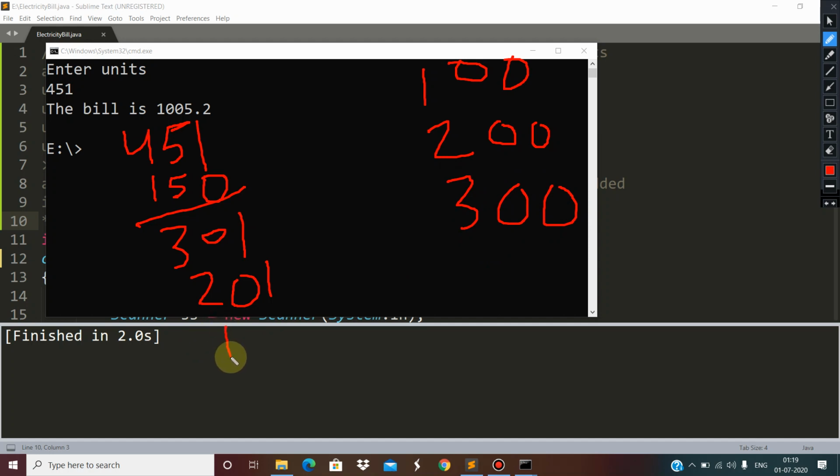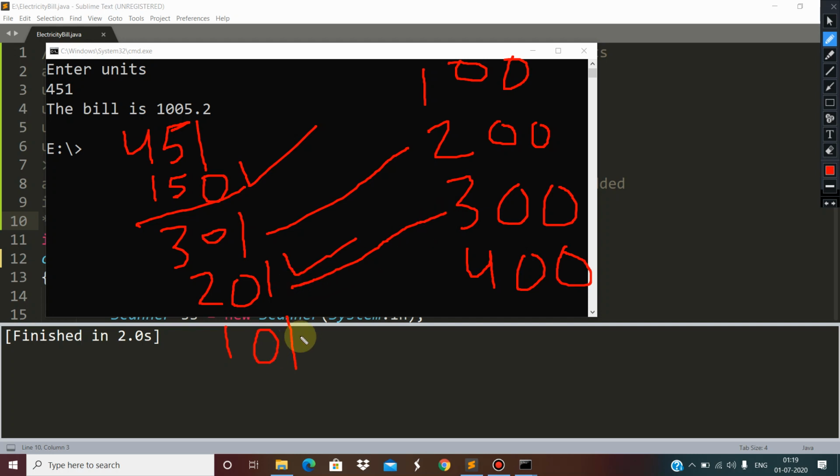And for the next 100 it is rupees 400. So when we subtracted 150, it was 301; the remaining is 201, then 101, and after the next 100 the remaining is 1 unit. For this particular unit which is more than 450, the rate is rupees 5.2.